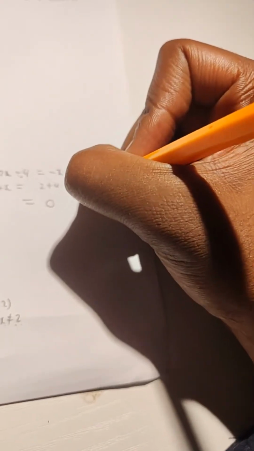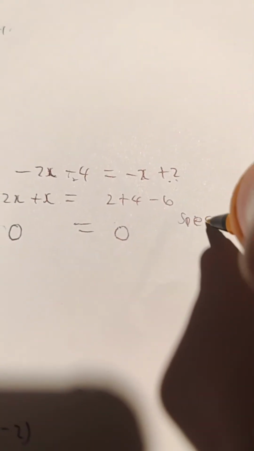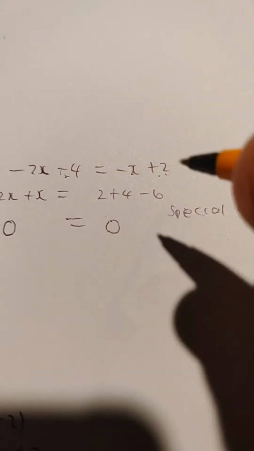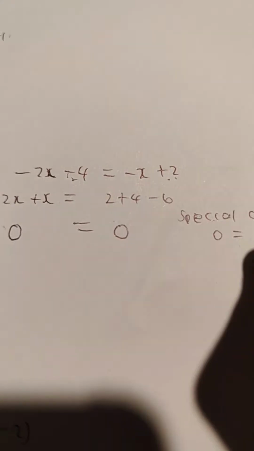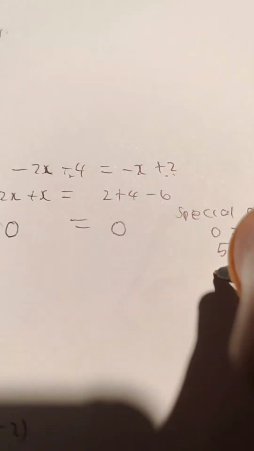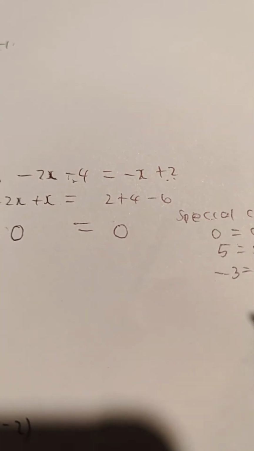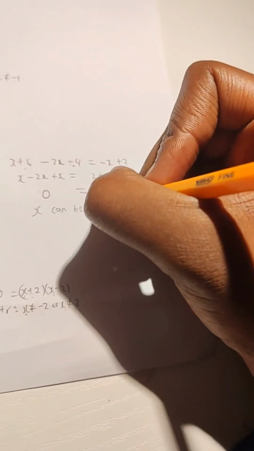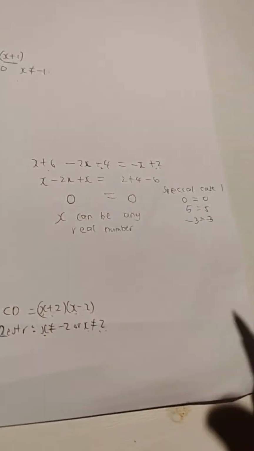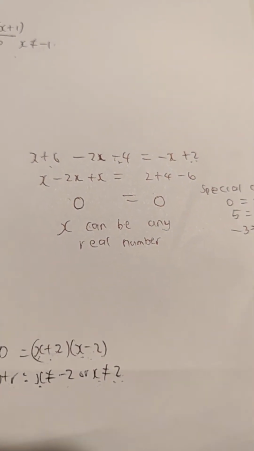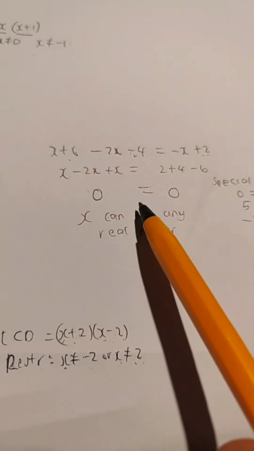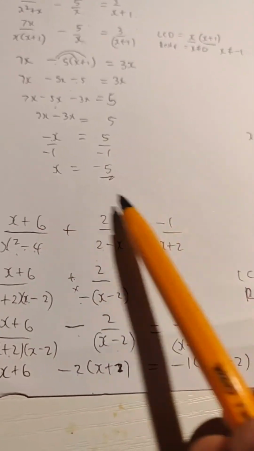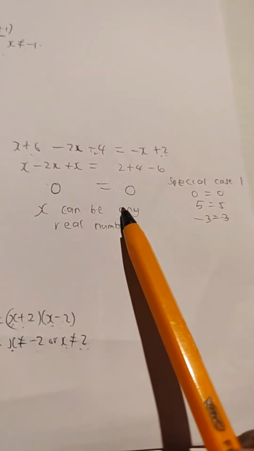Guys, if we get an equation and the numbers are the same on either side of the equal sign, that means x can be any real number. Now, if you know what real numbers are, you know that real numbers are all the numbers in the number system. You could substitute any value of x in this equation. It will satisfy the equation.